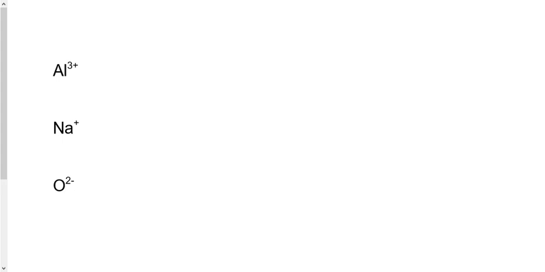This aluminum 3 plus would mean that we have positive charge. In fact, if it says 3 plus, it would mean that the charge of it is 3 times the elementary charge, or it would be 4.8 times 10 to the minus 19 coulombs. Make sense? That means that we have 3 extra protons.